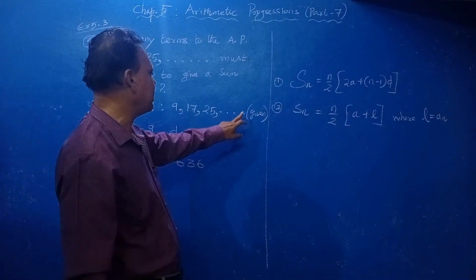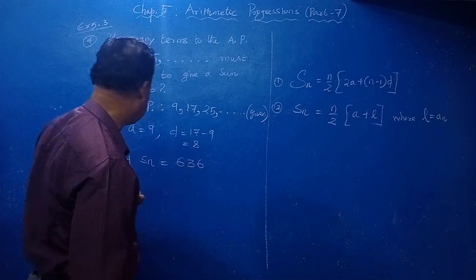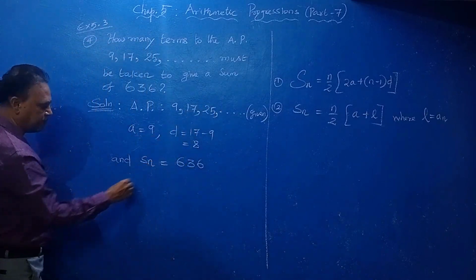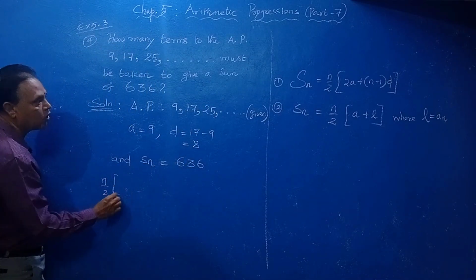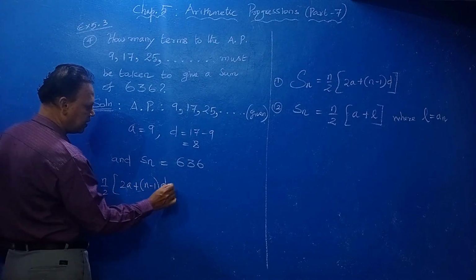Because in the AP the last term is not given, you have to use the first formula. So Sn, write the formula: n by 2 into 2a plus n minus 1 into d.